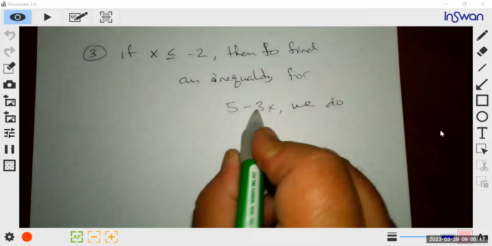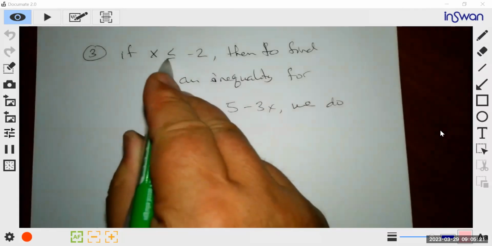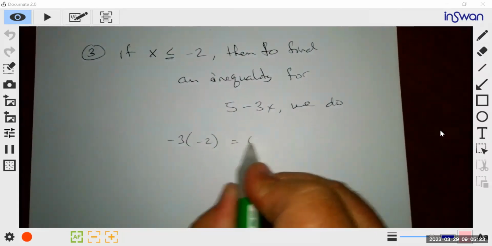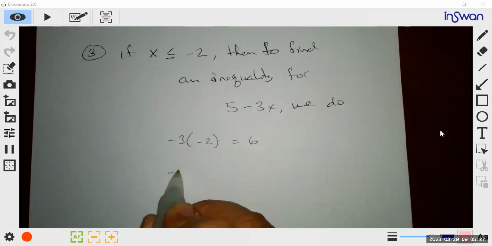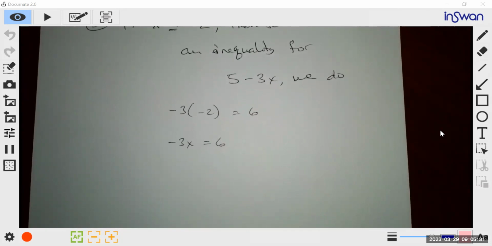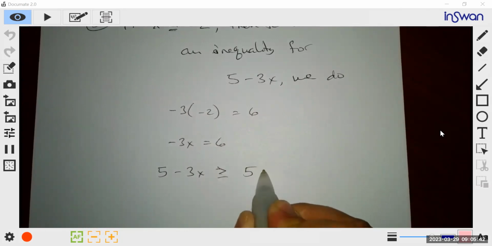So let's see, we know we have -3, negative, it could be equal. So the biggest it's going to be is +6. So that means -3x is equal to +6. So 5 minus 3x is greater than or equal to 5 plus 6.